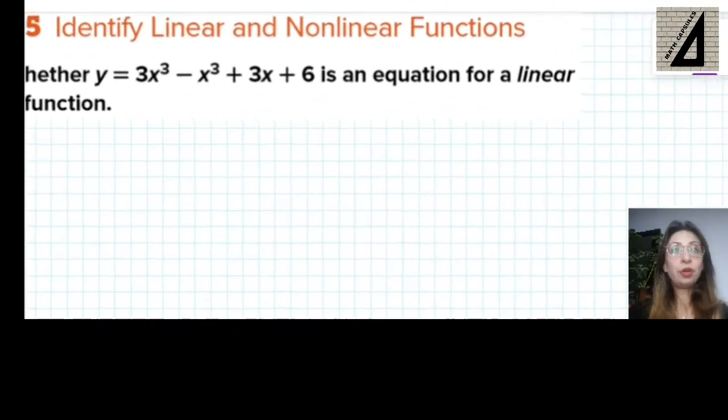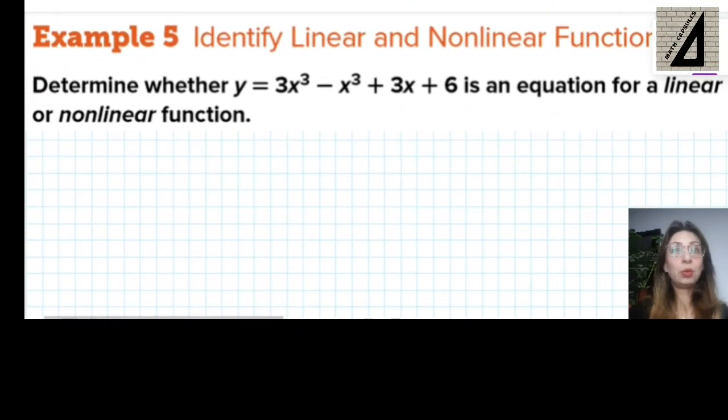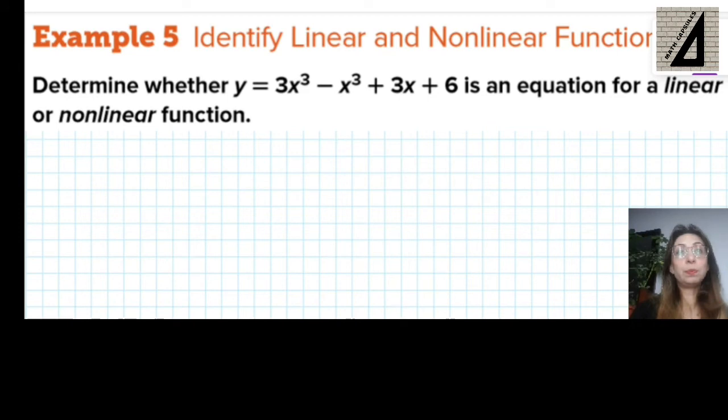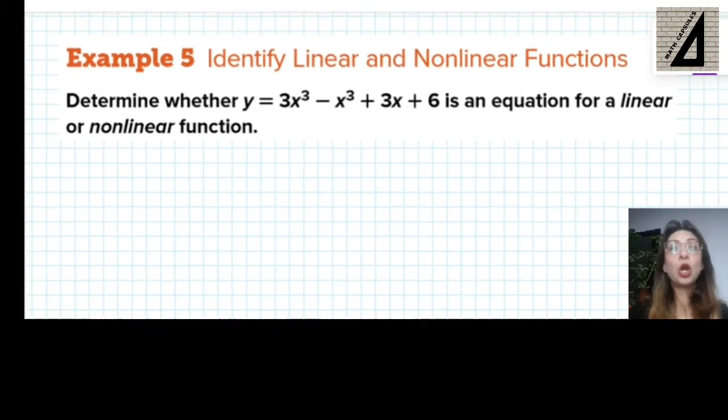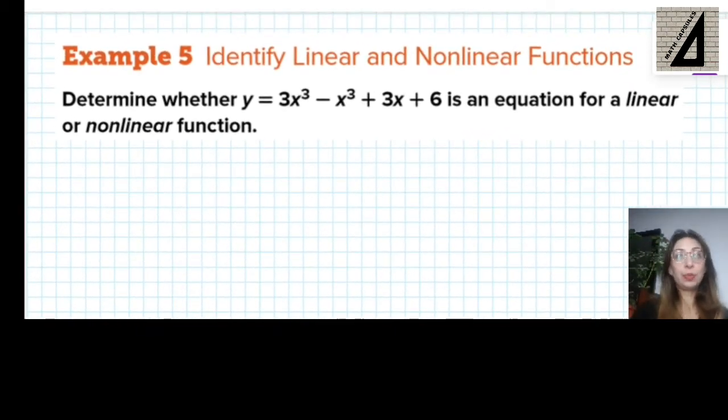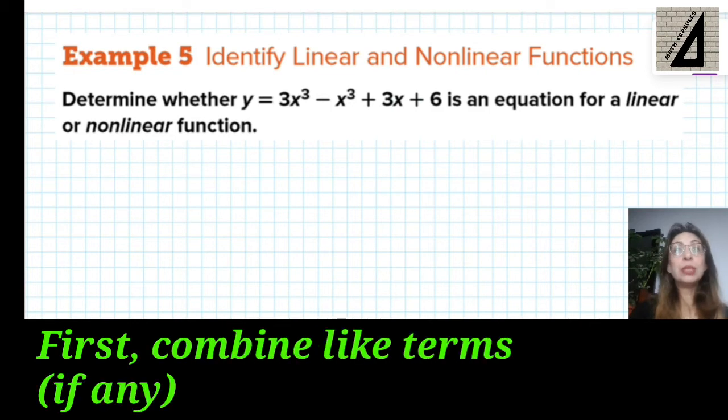Determine whether this equation, y equals 3x^3 minus x^3 plus 3x plus 6, is an equation for a linear or nonlinear function. To identify this, the first thing is to simplify or combine the like terms.